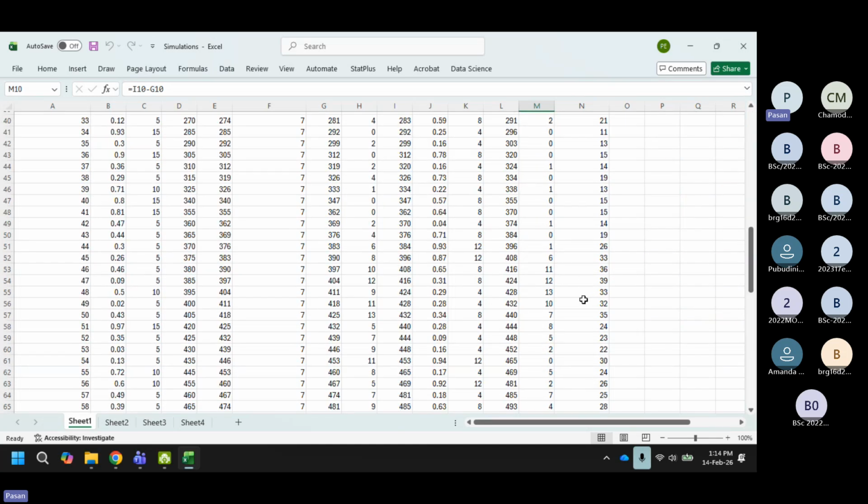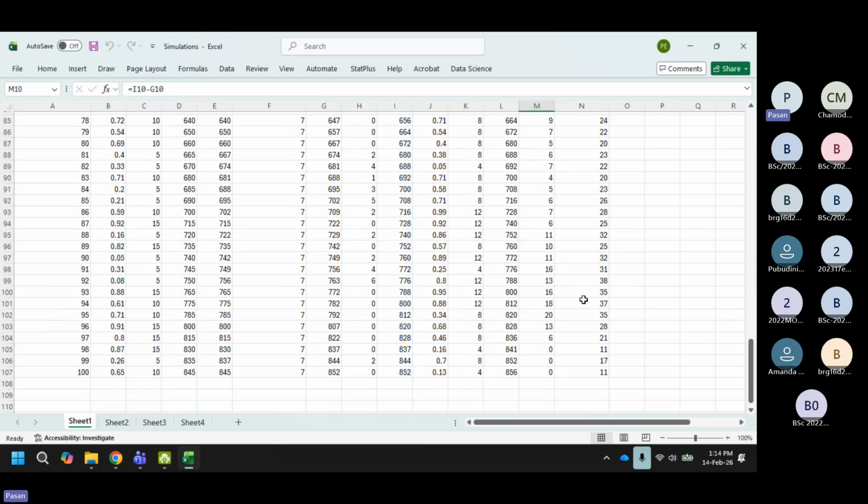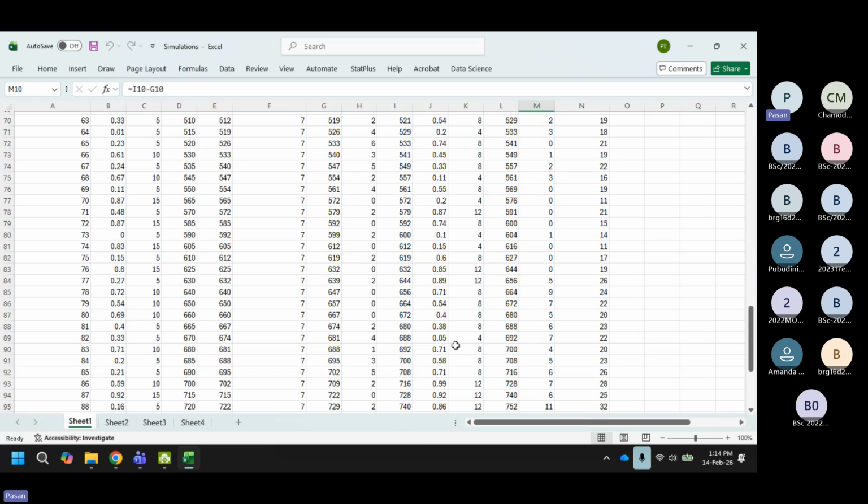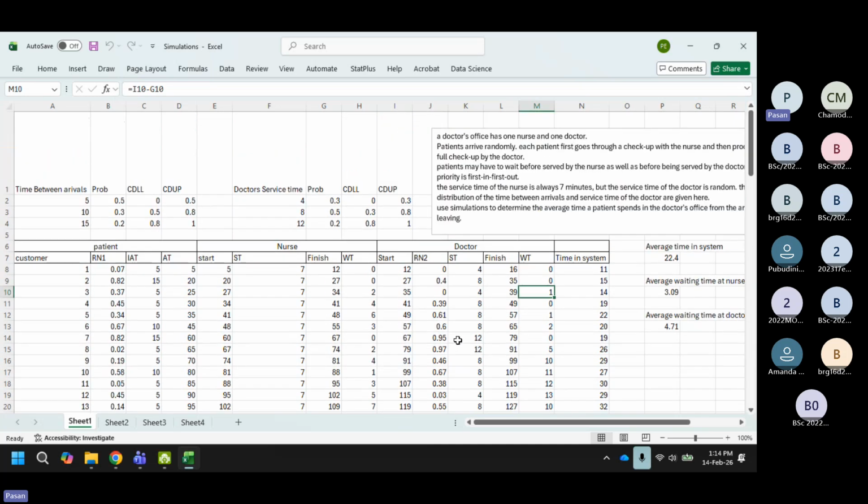So like that, now we can simulate that for any number of runs. I did it for 100 times here. You can do it for a larger number of times, right? And then what we can have is the average time in the system, average waiting time at the nurse, and average waiting time at the doctor.